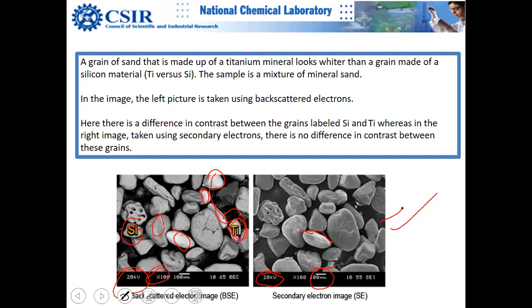One way is that you are pulling the secondary electrons or backscatter electrons out.